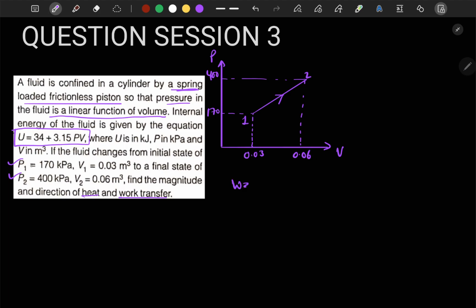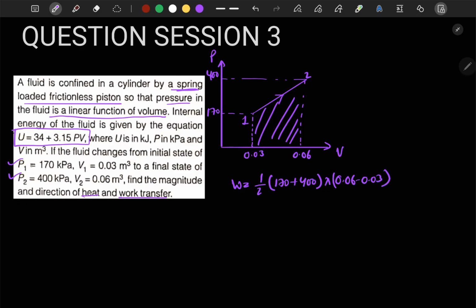So the work done can be obtained by the area under the curve. This area is a trapezoid, and the area of a trapezoid is half into the sum of parallel sides into height. The sum of parallel sides is 170 plus 400, into height, which is 0.06 minus 0.03.